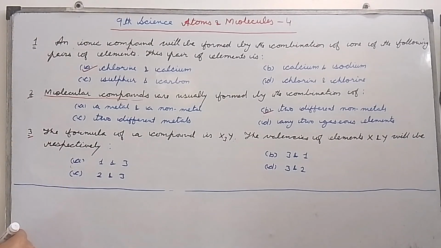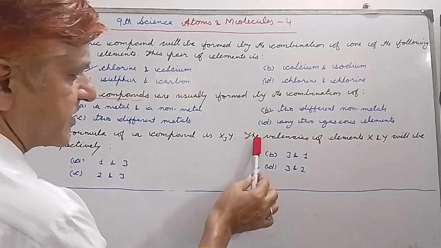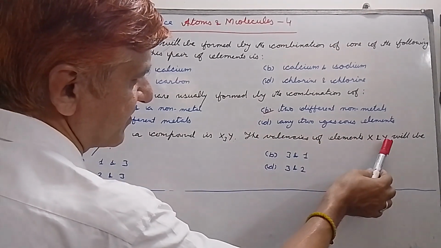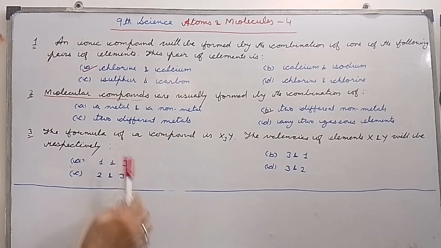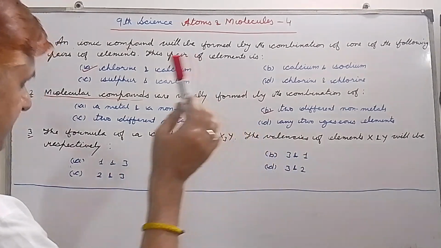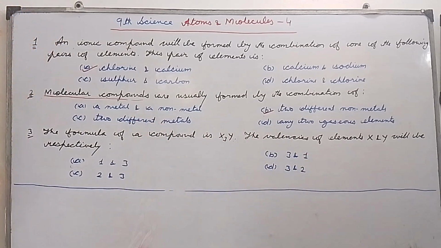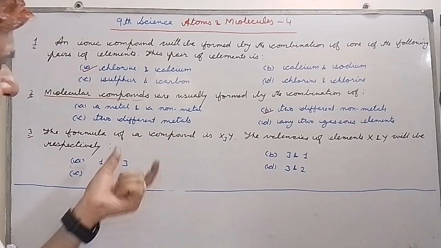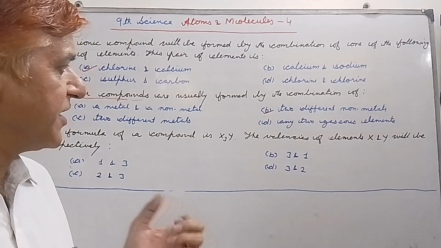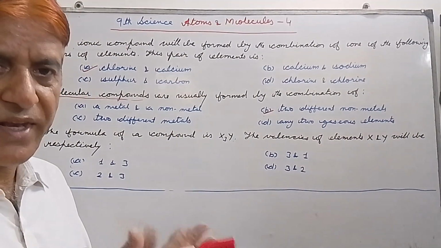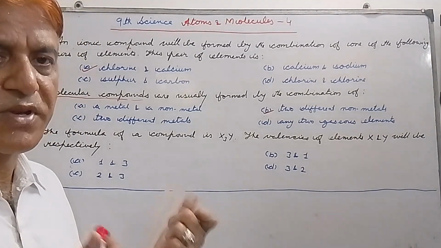Question number 3, the formula of a compound is X3Y. The valencies of elements X and Y will be respectively: first option is 1 and 3, B is 3 and 1, C is 2 and 3, and D is 3 and 2. So my dear students, always remember that when we write a chemical formula of a compound, we exchange the valencies of the elements involved in that chemical formula.